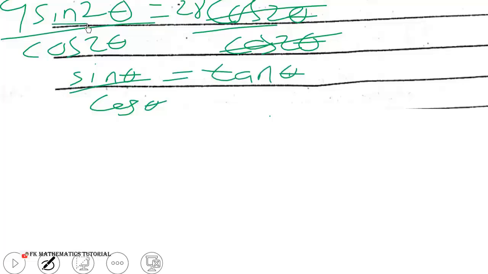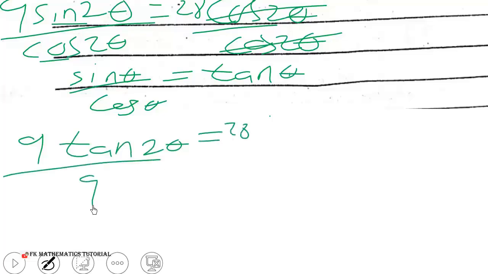So sine 2 theta over cos 2 theta will be tan 2 theta. So 9 tan 2 theta will be equal to 28. So you can divide through by 9. So tan 2 theta is equal to 28 over 9.